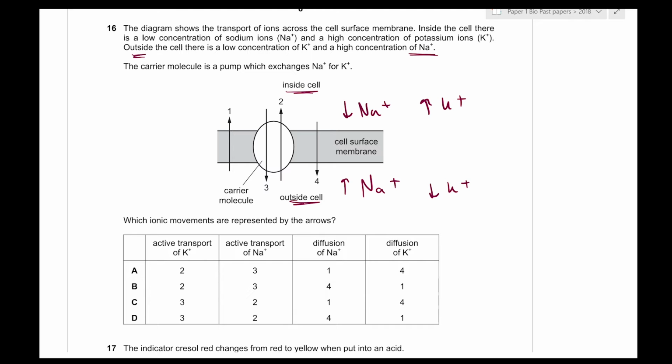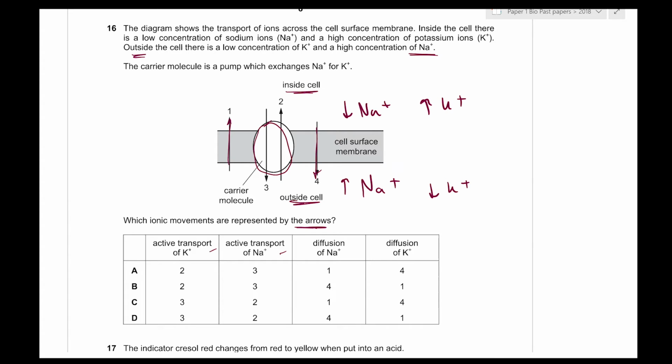Now, which ionic movements are represented by the arrows? So here we have diffusion through the core, because diffusion does not need a carrier molecule, and active transport. Active transport is definitely going to be within that carrier molecule because it requires a carrier molecule and ATP. Therefore, in active transport here, we're looking only at 2 and 3.